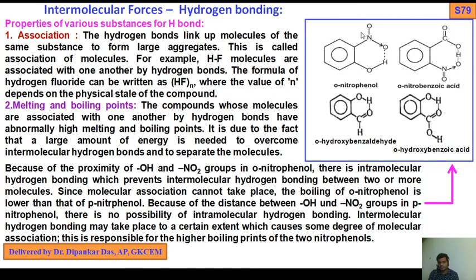So this is within the molecule. There is no question of association with other molecules, so there is no increase of molecular mass, molecular size, or surface area.